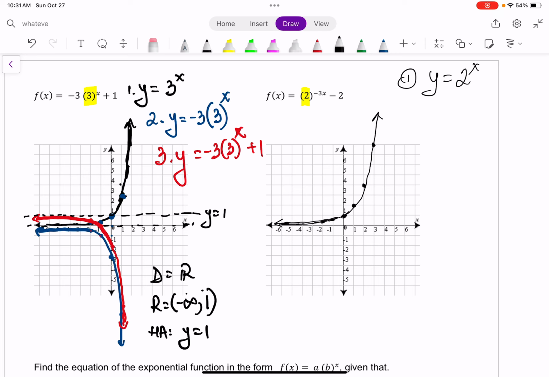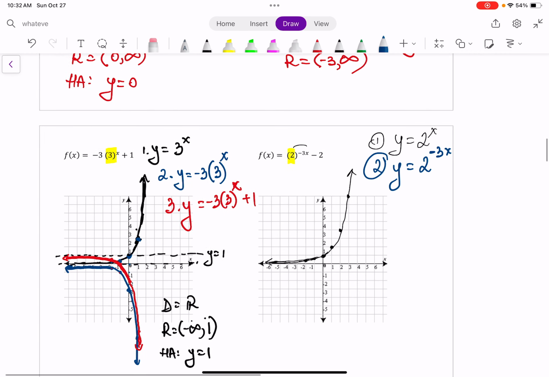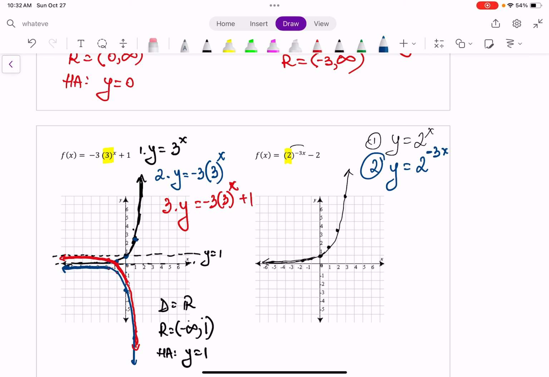All right, now there's an x transformation here. So let me do this one in blue. What do I do with the -3 multiplied to the x values? So remember, anytime we're dealing with an x transformation, we have to do the exact opposite.